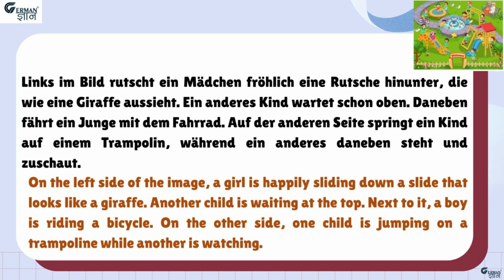Daneben fährt ein Junge mit dem Fahrrad, means another child is waiting at the top and next to it a boy is riding a bicycle. Auf der anderen Seite springt ein Kind auf einem Trampolin, means on the other side one child is jumping on the trampoline, während ein anderes daneben steht und zuschaut, while another is watching.